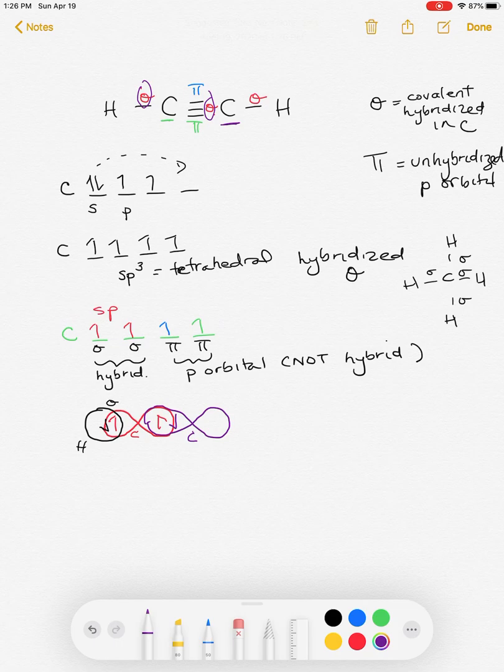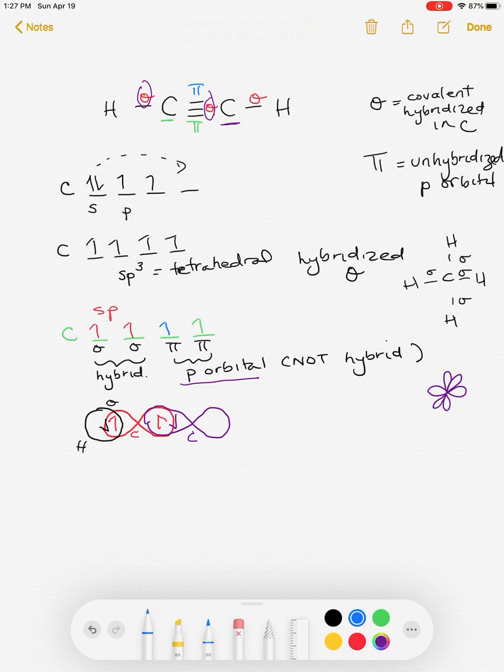Now we've got to deal with the pi's. So don't forget, my pi bonds are regular p orbitals. So if you remember, and this is probably one of the last things I taught you guys, p can go as a px, py, and pz. Okay, we've already kind of dealt with the x because we're dealing with linear. So my remaining unhybridized p orbitals, we're going to draw them like py and pz.